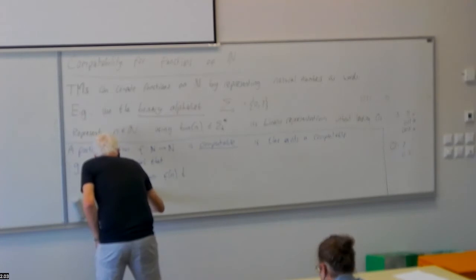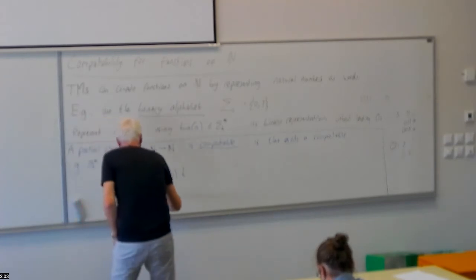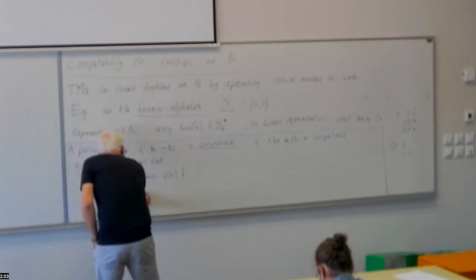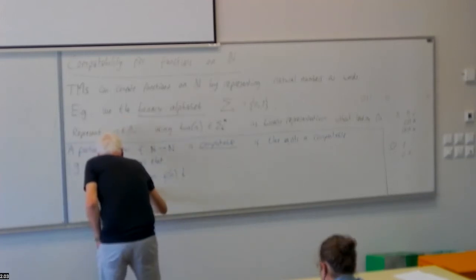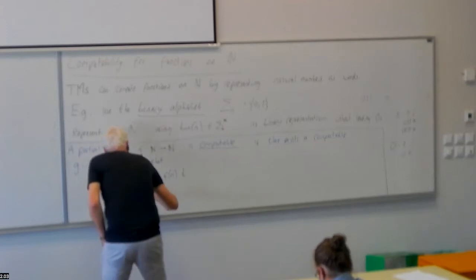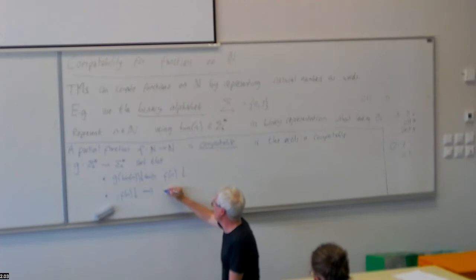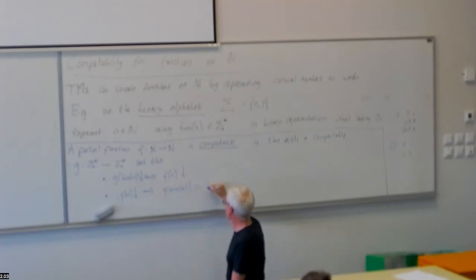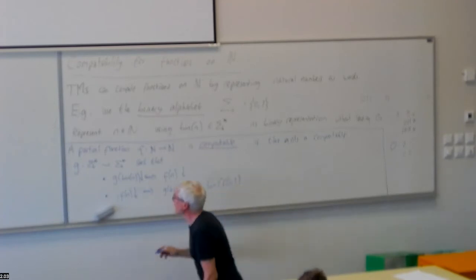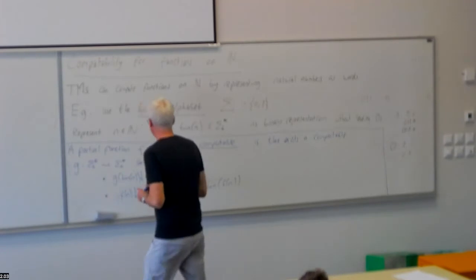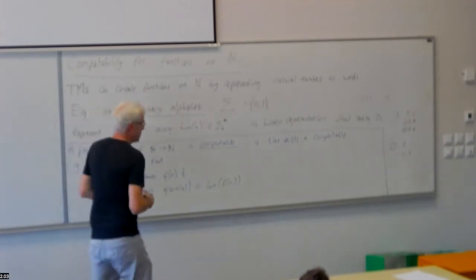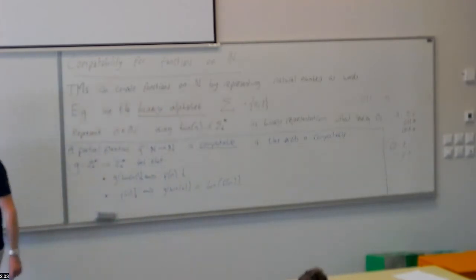If that value is defined, then we apply G to the binary representation, and that gives us the binary representation of that. Okay. So, very natural definition.